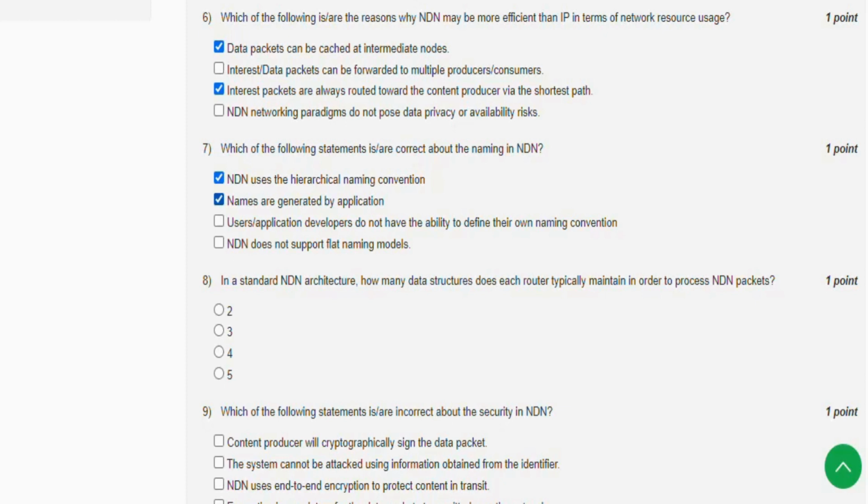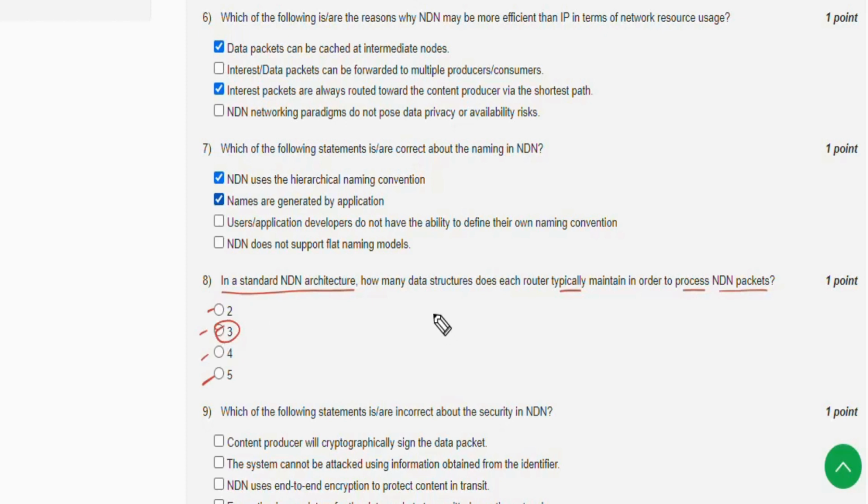Now question number 8. In a standard NDN architecture, how many data structures does each router typically maintain in order to process NDN packets? The options are 2, 3, 4, 5, and the answer will be 3.